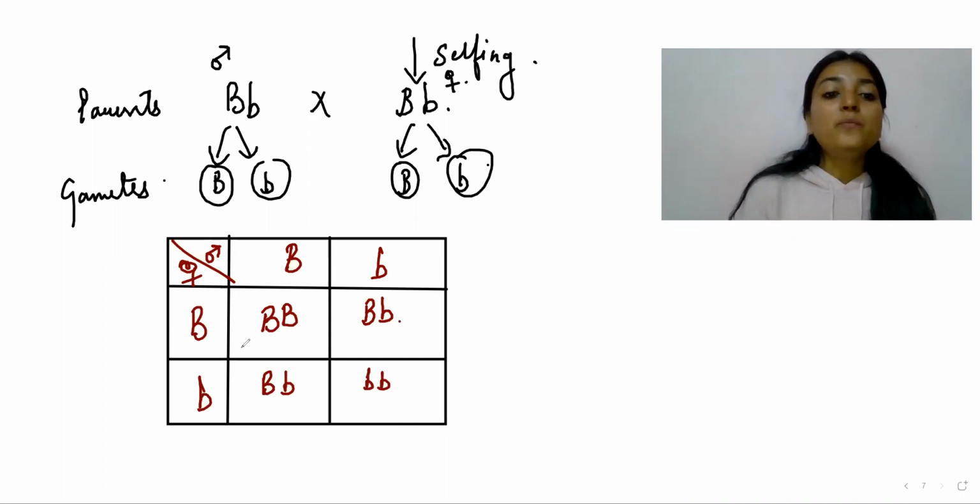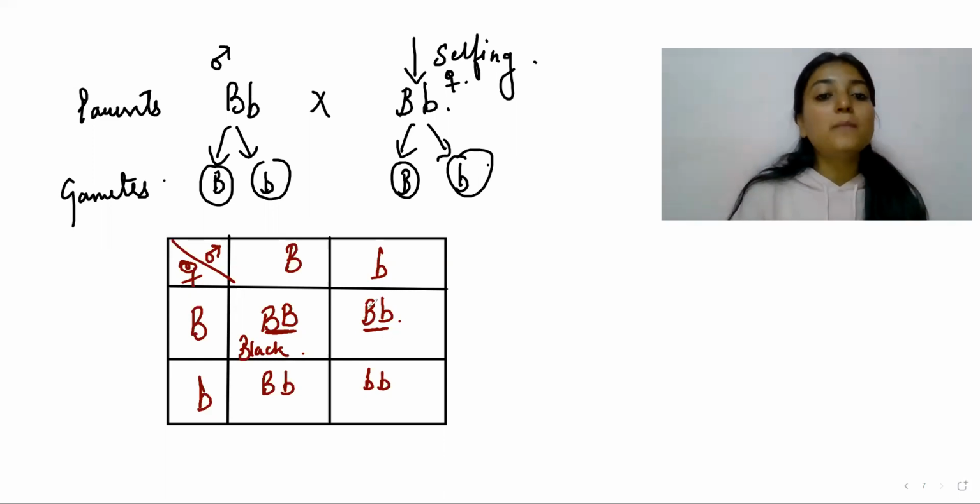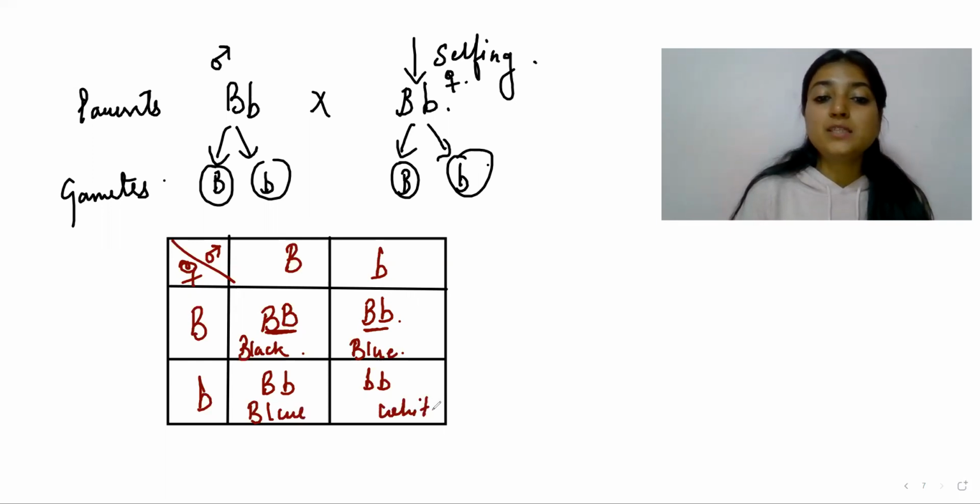Fine. Now here it is the pure dominant. That's why it will show black feathers. Here it is heterozygous. Here again the dominant one is incompletely expressing itself. That's why it will show the color blue, again blue, and here it will be white as it is pure.